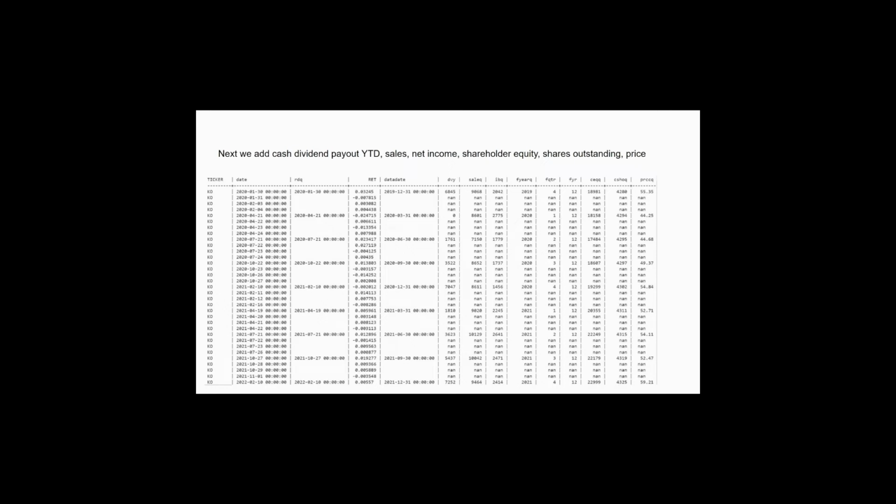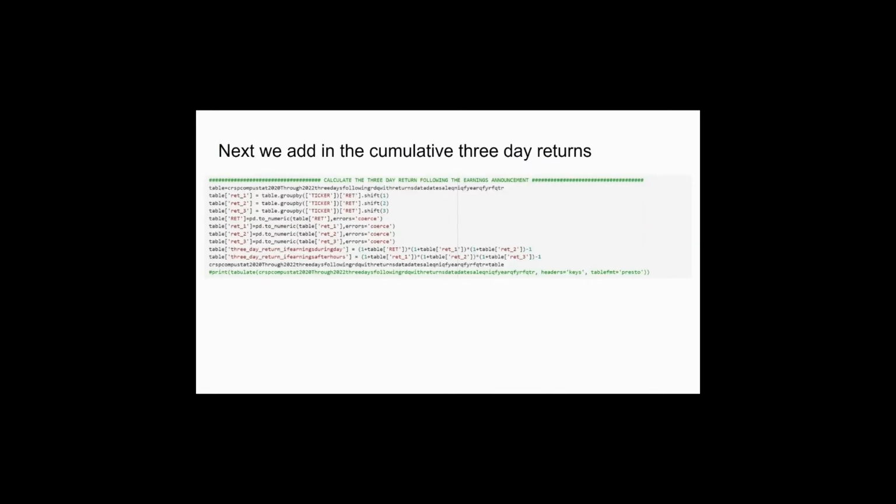Our next action is to accumulate these three days of returns, so we'll also have a variable in this row that's the 3-day return. The 3-day return variable says what the cumulative return is over the next 3 days after the earnings announcement.